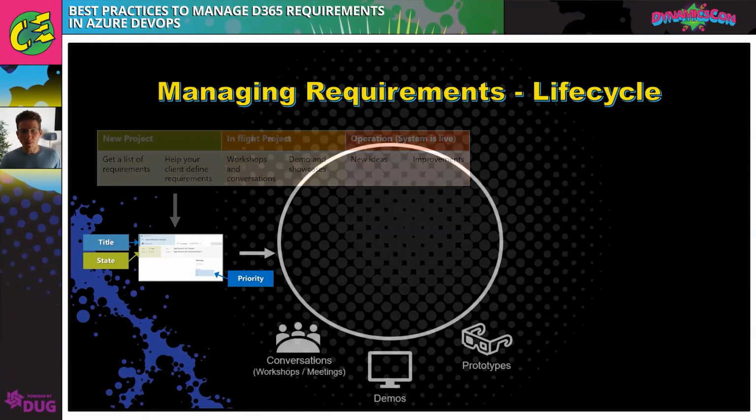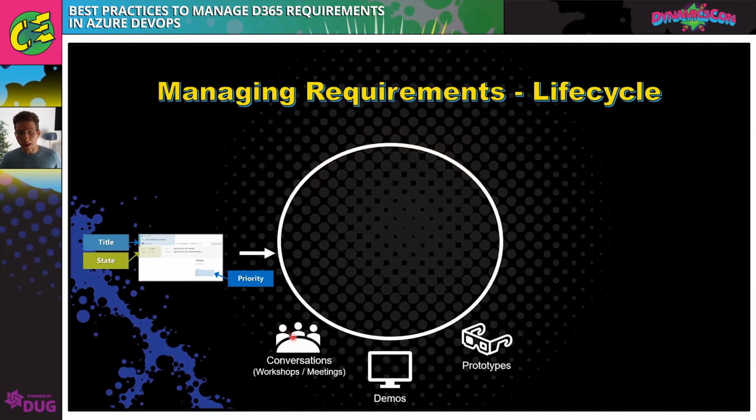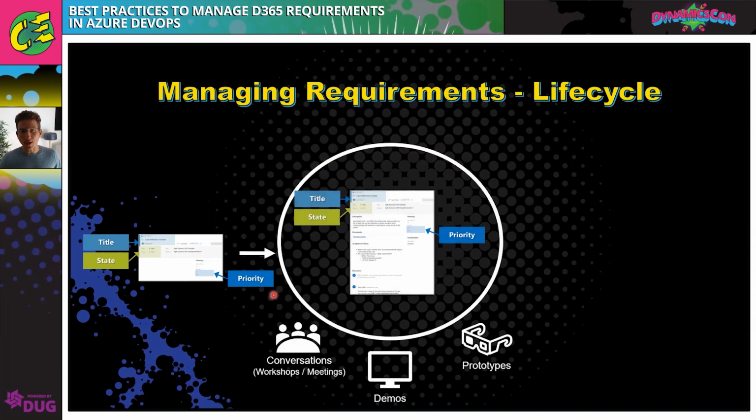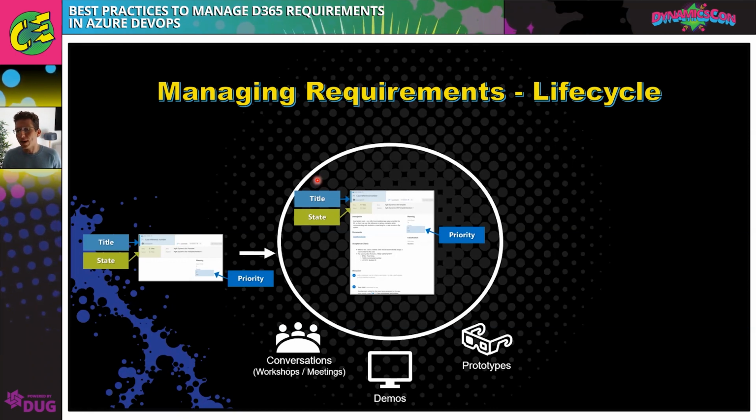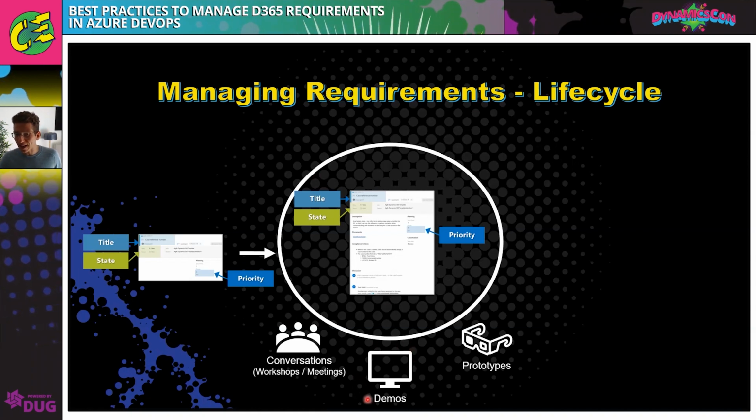Then there are a few discussions and conversations happening, and your story evolves, where you start adding way more content to it. Throughout the conversation, it's almost like a loop. We have conversations and meetings, and I try to demo Dynamics 365 out-of-the-box features.